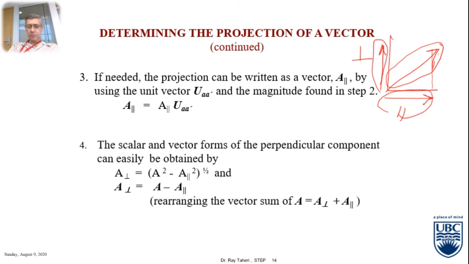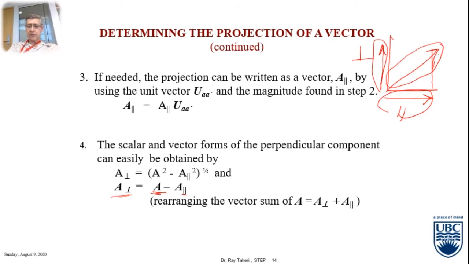So you can find the magnitude of the perpendicular by squaring the magnitude of the actual vector, minus the square of the magnitude of the parallel, and taking the square root of that. If you go back to the very first few slides that we have, vector A is equal to parallel plus perpendicular. So to calculate the perpendicular, it is A minus the parallel.